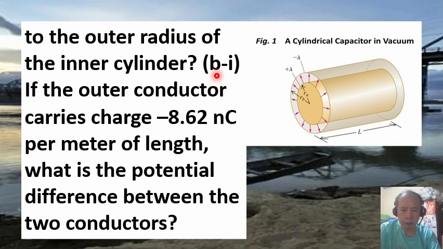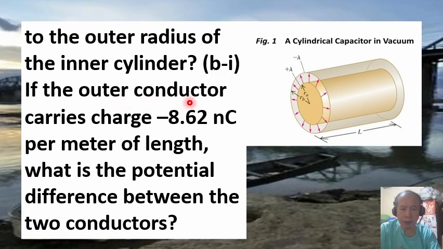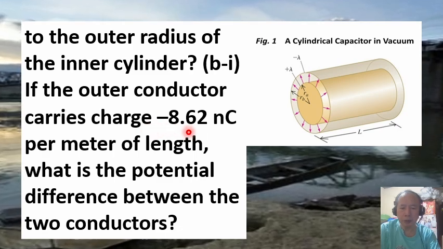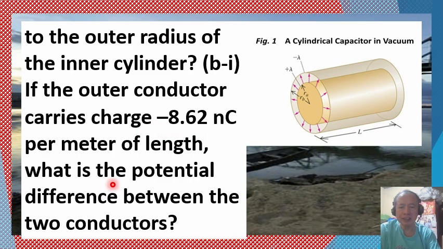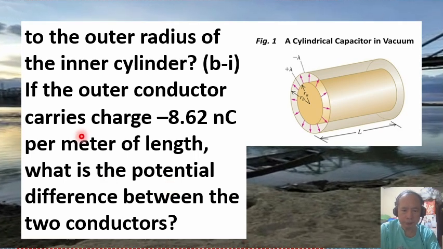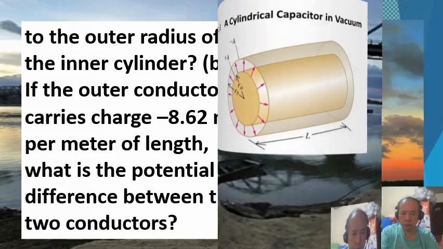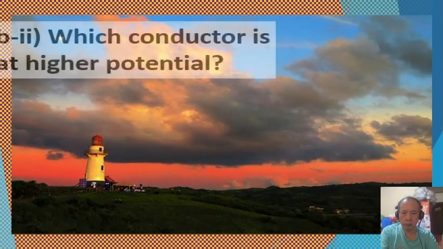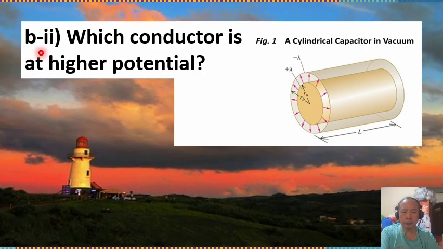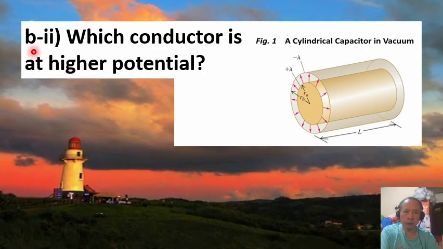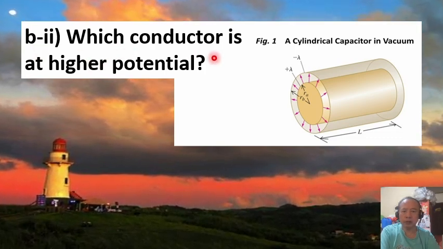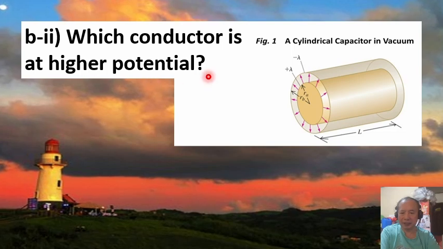Question B1: If the outer conductor carries charge negative 8.62 nanocoulomb per meter of length, what is the potential difference between the two conductors? Question letter B2: Which conductor is at higher potential?